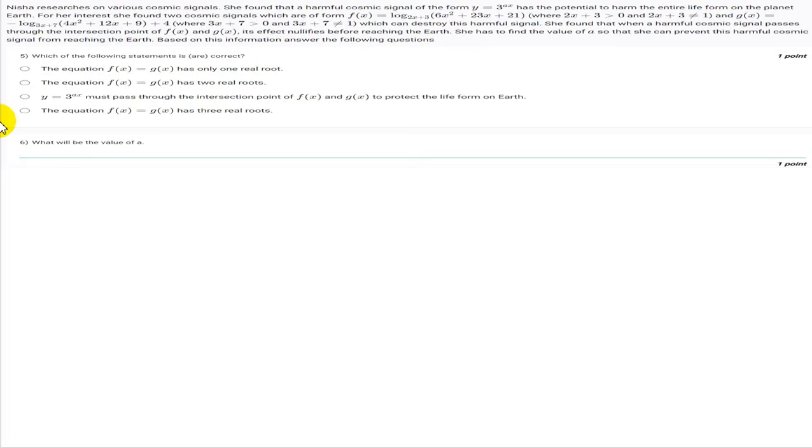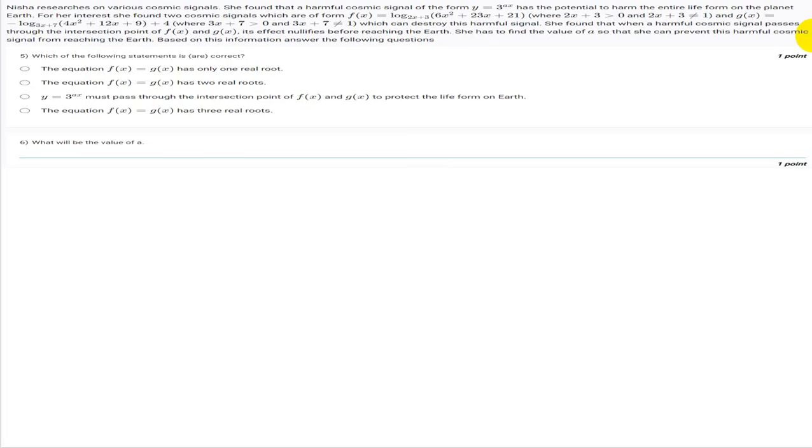She found that when a harmful cosmic signal passes through the intersection point of f(x) and g(x), its effects nullify before reaching the earth. She has to find the value of a so that she can prevent the harmful cosmic signal from reaching the earth. Based on this information, answer the following question.